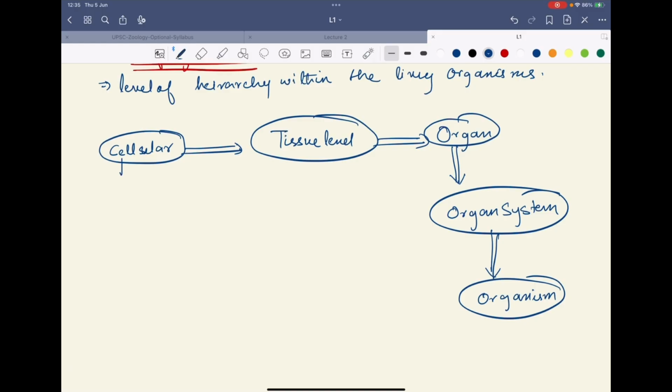In the case of cellular, you will observe that cells are the functional unit. You will see one cell, for example, you have amoeba.